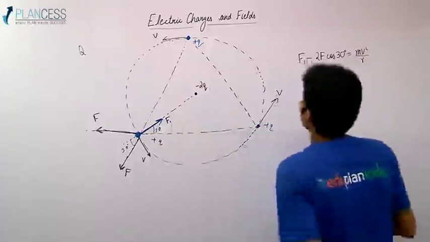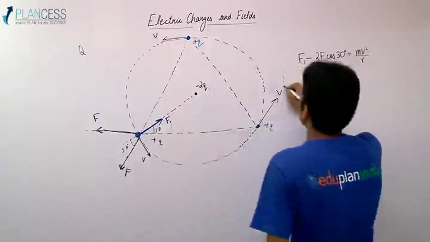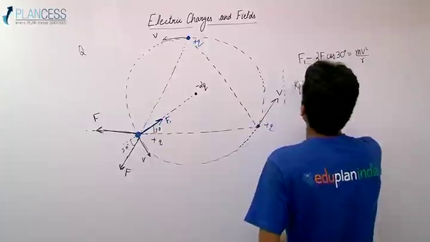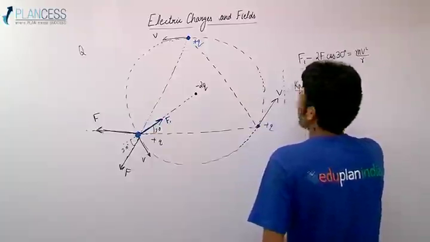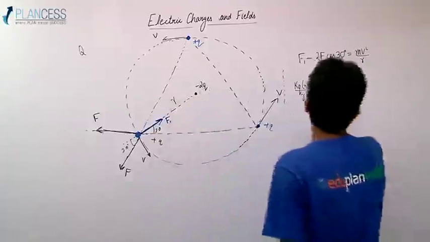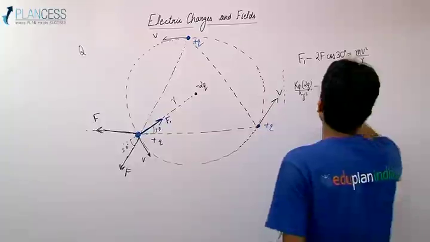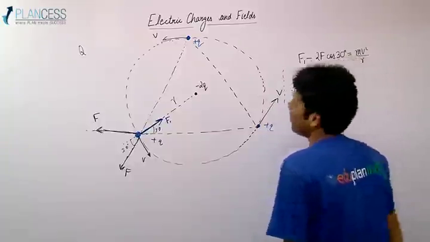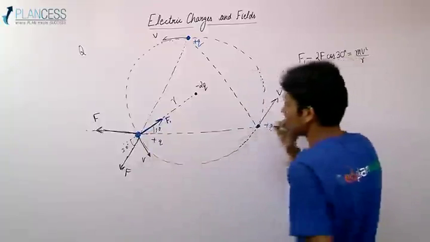So let's write F1 in its magnitude. F1 can be written as kq into 2q upon r square, because the radius of this circle is r, and minus 2F, where F can be written as kq upon the distance between them squared.